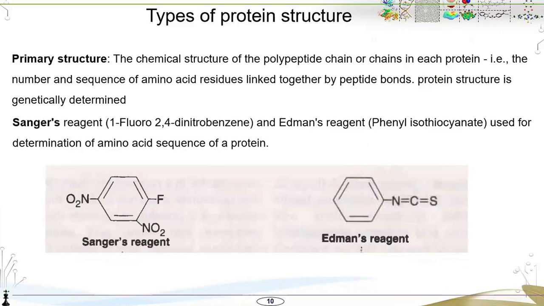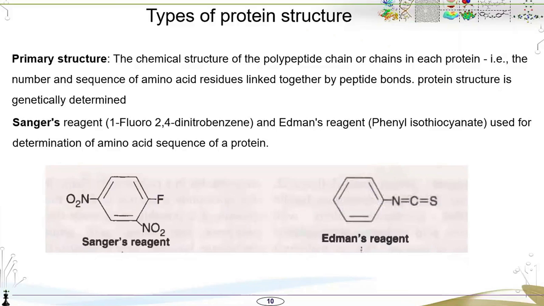This linking continues to form the secondary structure, then the tertiary structure, then the quaternary structure, and at the end we get a complete protein. That's why I said we first see the peptide, then the polypeptide, then the protein. The primary structure is the very important first thing in forming a peptide.